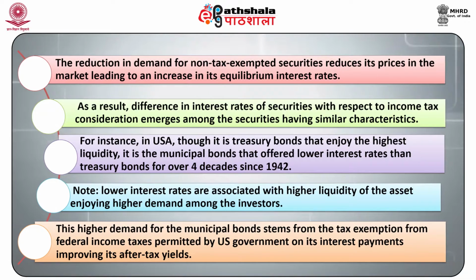Note, lower interest rates are associated with higher liquidity of the asset, enjoying higher demand among the investors. This higher demand for the municipal bonds stems from the tax exemption from federal income taxes permitted by the US government on its interest payments, improving its after-tax yield.